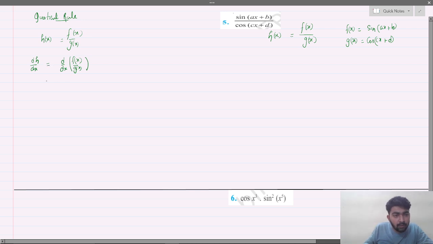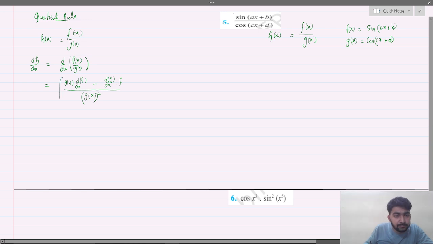Then here you can observe that this is your g(x) whole squared. First of all, we need to take the square of the denominator, and then g(x) as it is times d/dx of the f function, and here minus d/dx of the denominator function g with the f function as it is.